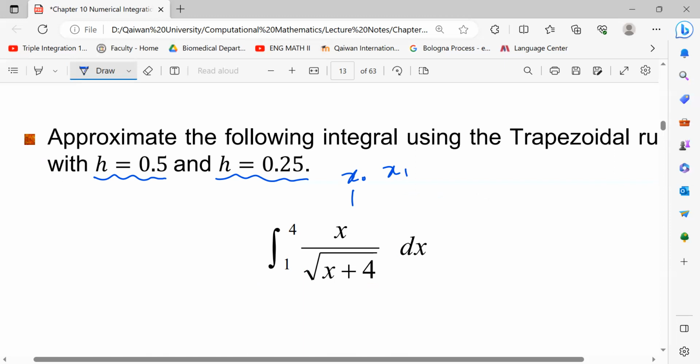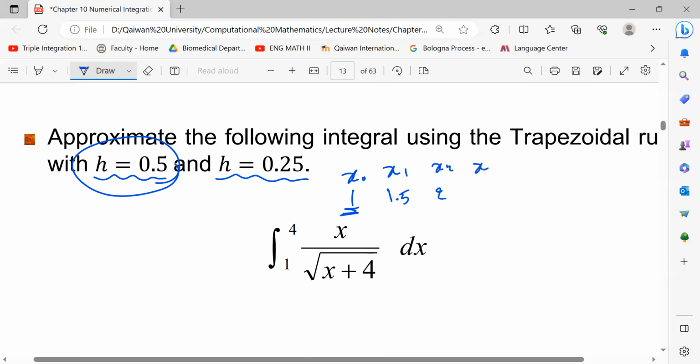So it is 1 plus 0.5 for this one first. 1 plus 0.5 is 1.5. Then x2 is 2 because we add h again.